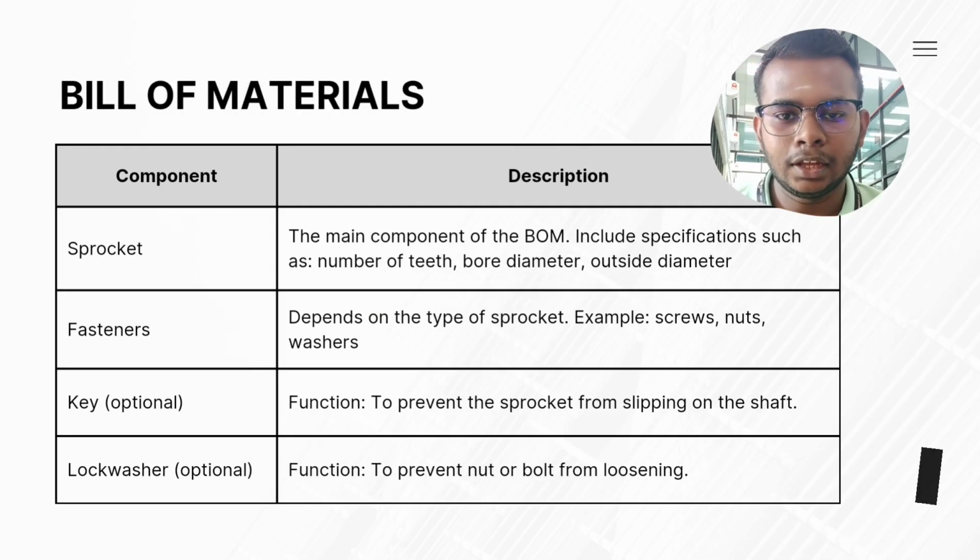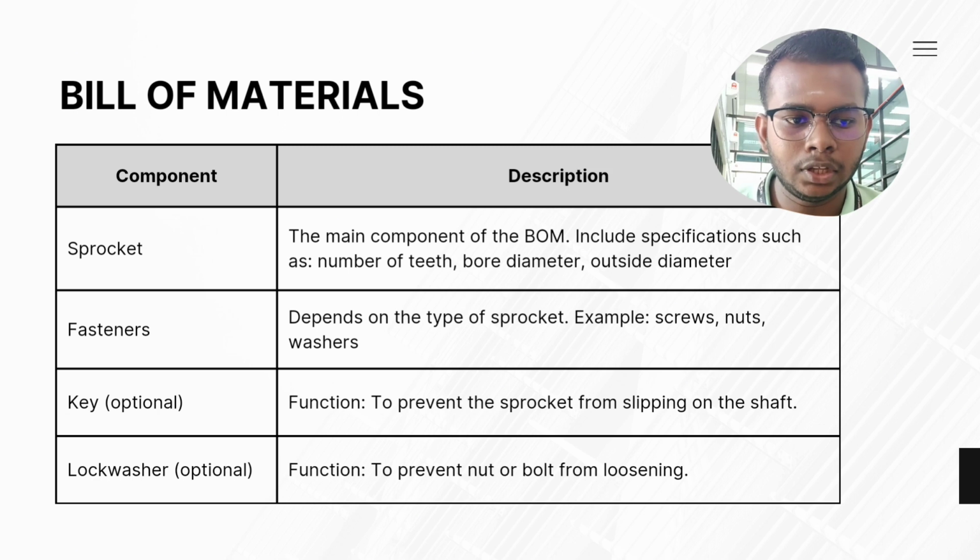In this slide we will look at the bill of material. So, component, sprocket and description are the main components of the bill, including specification, sprocket, number of teeth, bore diameter, outside diameter. Second, we can see fasteners, which depend on the type of the sprocket, for example screws, nuts and washers.